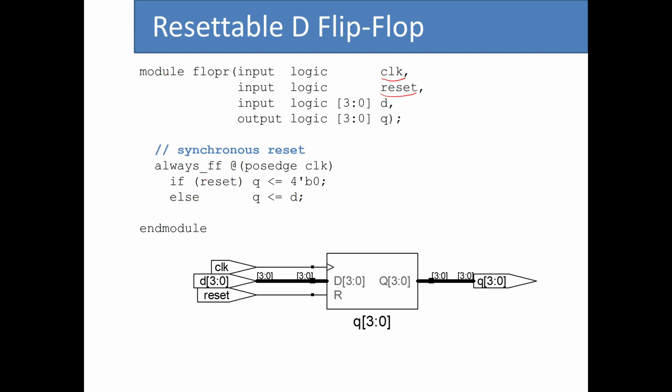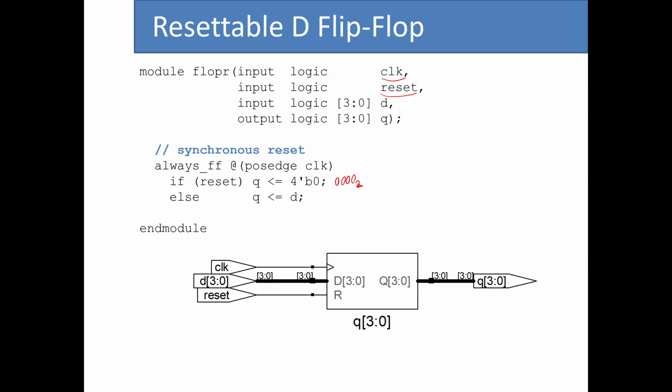If reset is true, Q gets 4 bits of 0, a binary value with all the bits being 0. Else, meaning the reset is not 1, Q gets the value of D. Again, it is very straightforward, similar to the way we describe the functionality of the flip-flop. We actually use the same description to implement the flip-flop.